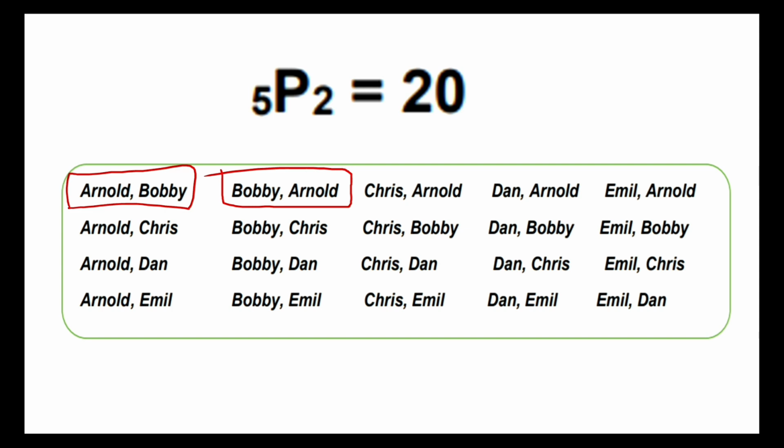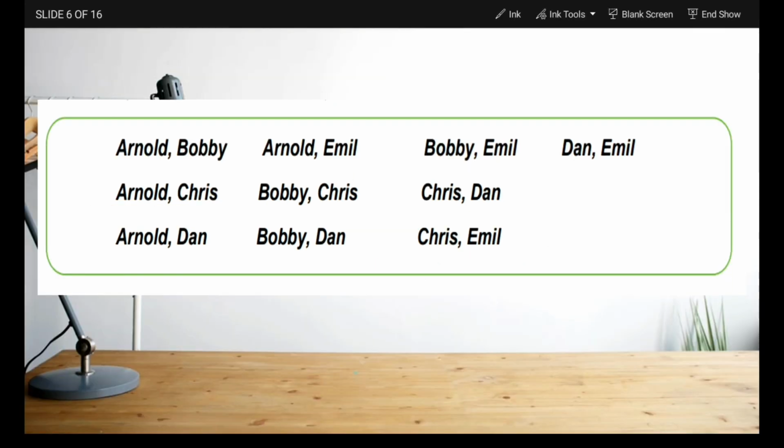The same with Dan and Chris. Si Dan tsaka si Chris ay si Chris at si Dan din. These selections cannot be considered distinct. And by eliminating such similar cases, only 10 different possible ways will remain.